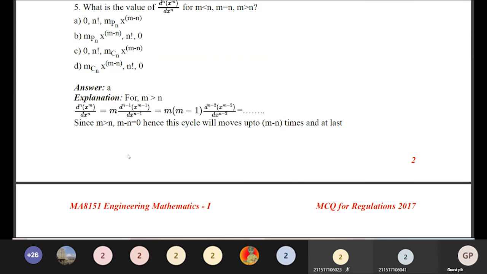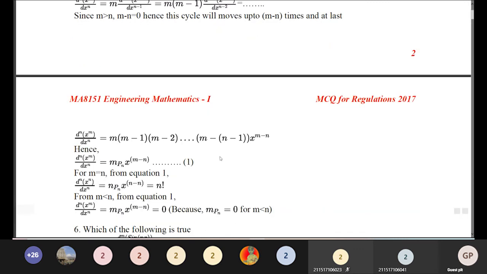That is differentiating one time, second time, and this cycle will move up to m minus n times, and at last you have m into m minus 1 into m minus 2 into m minus of n minus 1 into x power m minus n when m is greater than n. If m equal to n, it will be n factorial.